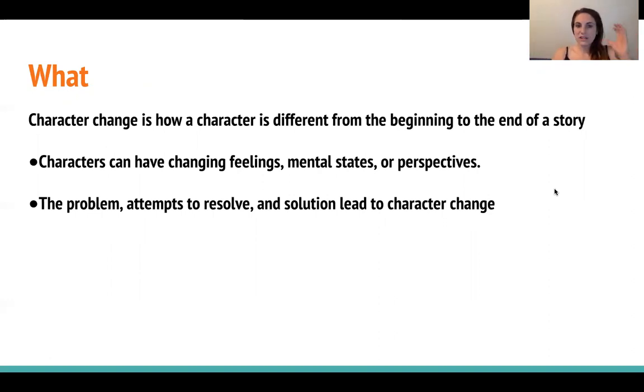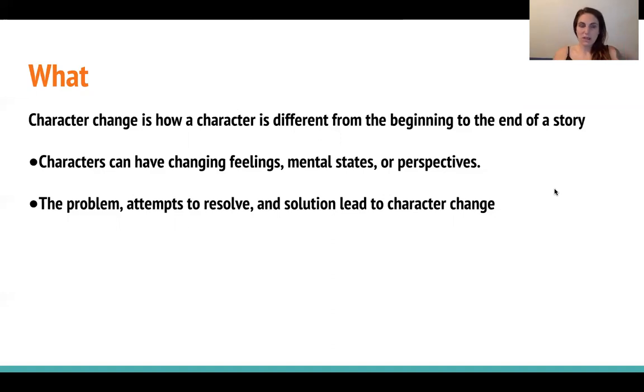They can change their feelings, their mental states, or their perspective. So things that they think about, they might have a change of heart. The problem, the attempts to resolve the problem, and the solution normally lead to character change. So you have to be able to identify that problem to be able to see that character change and figure out why the character changed.